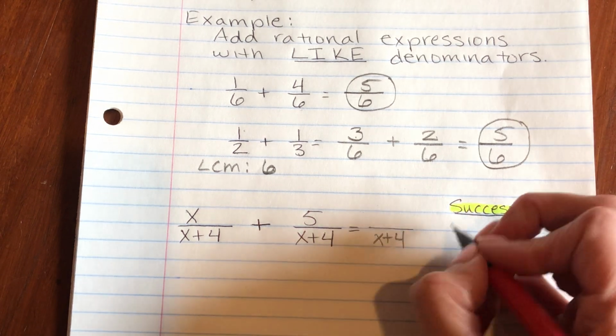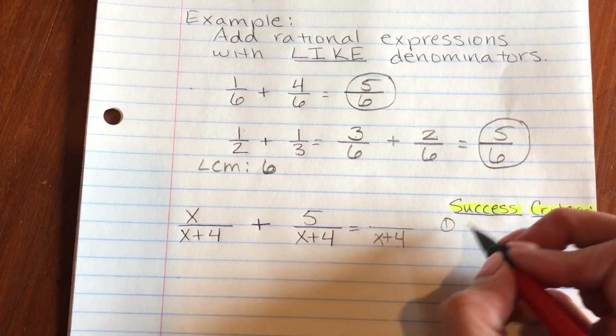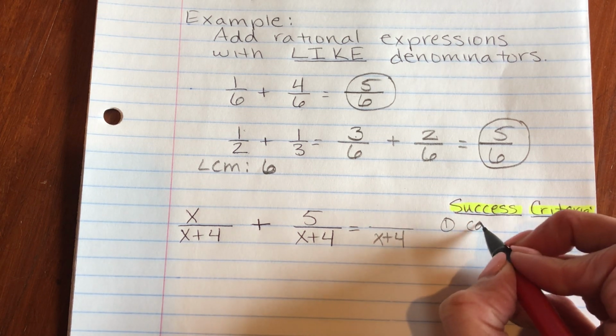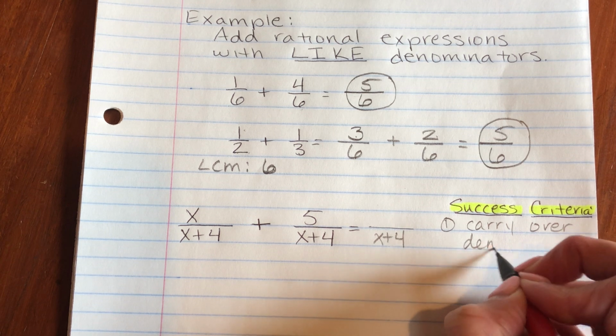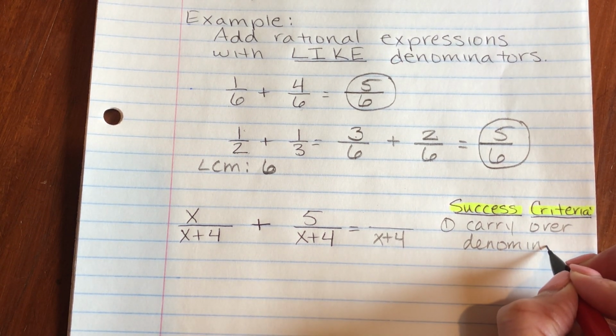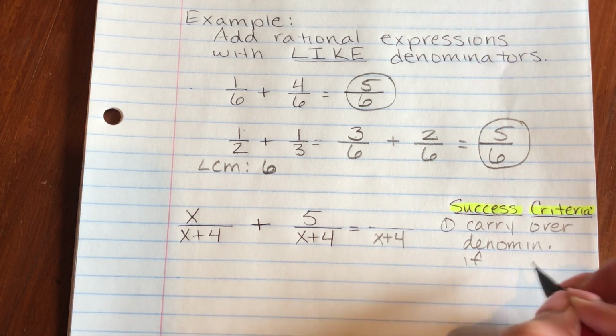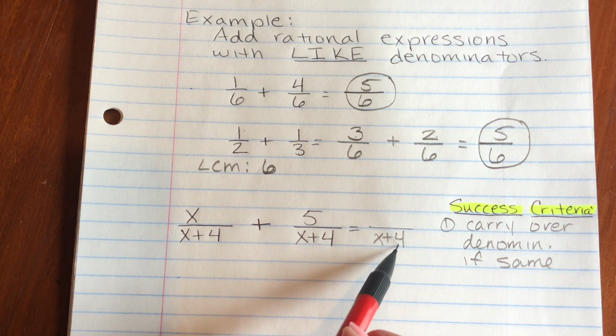So that's step 1 in your success criteria. Carry over the denominator if they are the same. And they were both x plus 4, so I carried it over.